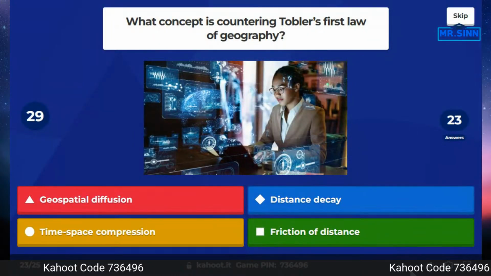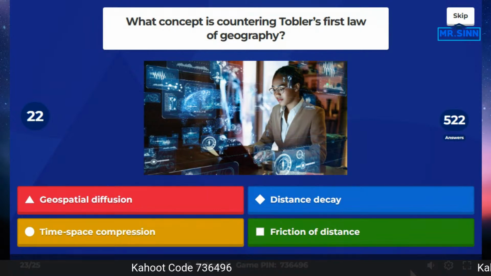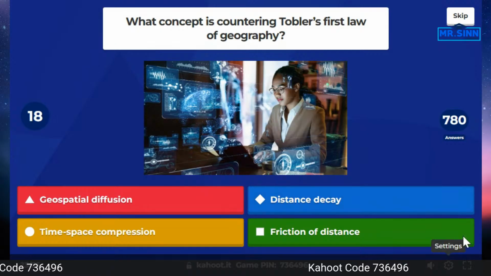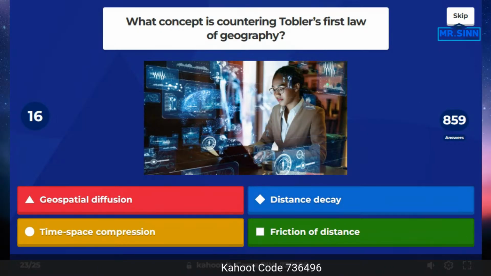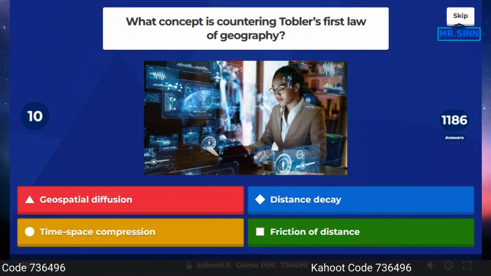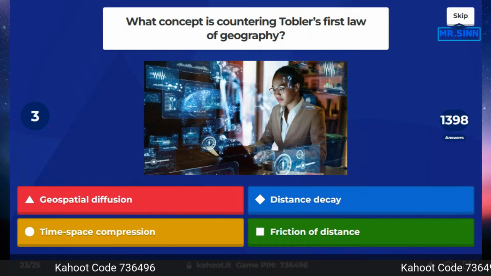Here we go. What concept? Tobler's first law. I should really have rewritten this one because you don't necessarily have to know Tobler. It's more the concepts that you want to understand. So that would be the focus there, the concepts that could connect. All righty. So again, I should have reworded this question.